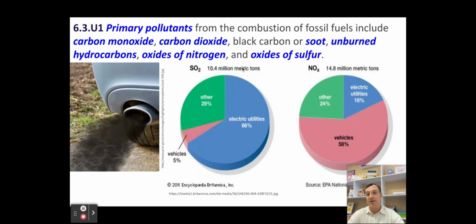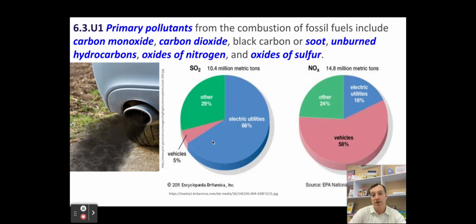Your sulfur dioxide comes predominantly from the production of electricity at power plants through the burning of coal, because a lot of coal has sulfur in it. Only about 5% of it comes from vehicular traffic. You don't need to know these percentages.